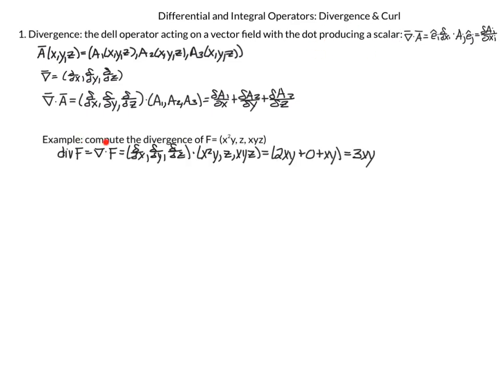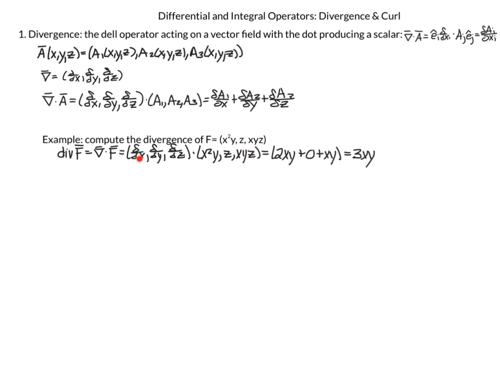A quick example, we'll compute the divergence of our field F equal to x squared y, z, and x y z. So the divergence of F is the dot product, and I should put a little bar on top of these, the dot product of the del with F, so that's d dx, d dy, d dz, dotted with our x squared y, our z, and our x y z.